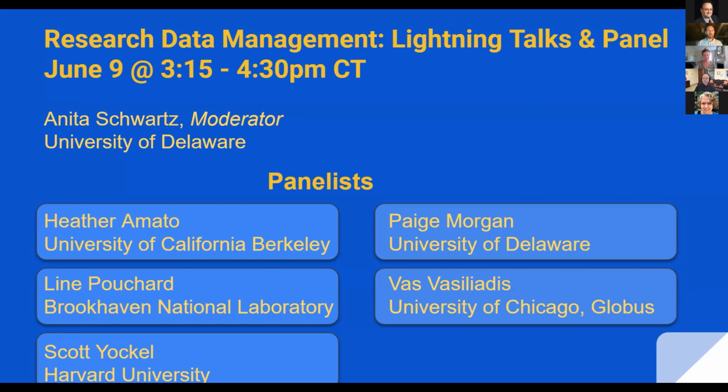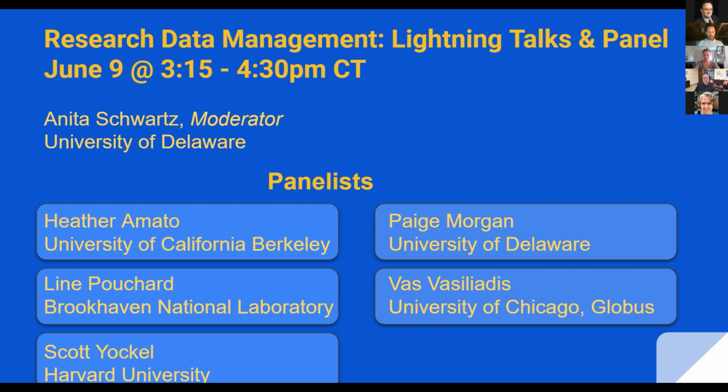Our next panelist is Vas. And if I say this incorrectly, please let me know. Vasiliadis. Perfect. Who is also from the University of Chicago, representing the Globus team. Vas is a customer guy at Globus, a service for research data management developed and operated by the University of Chicago.